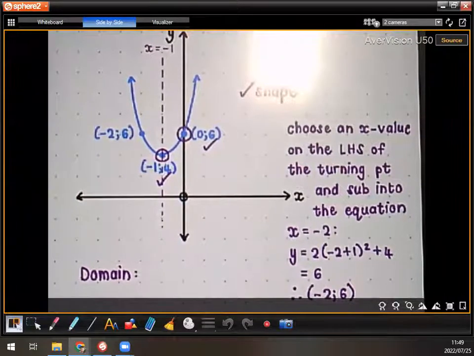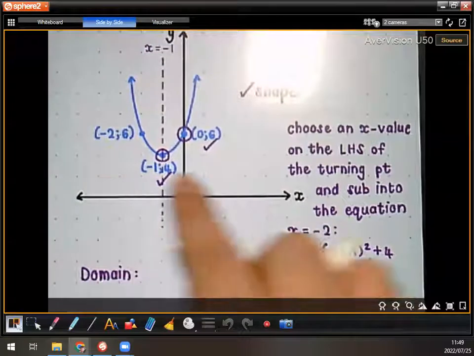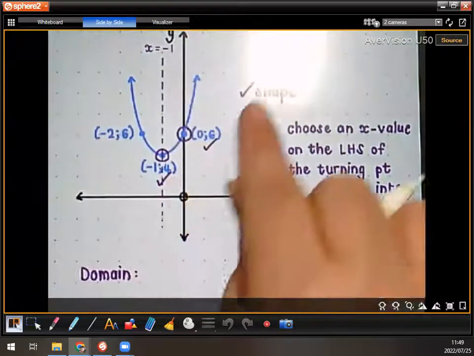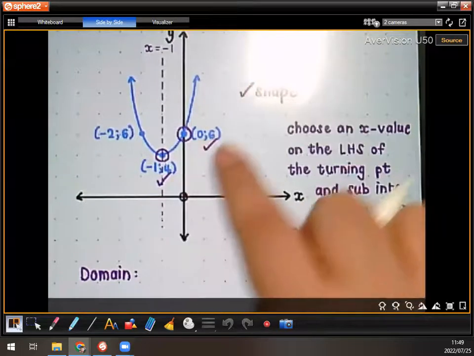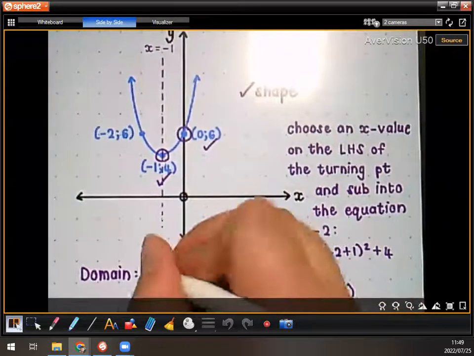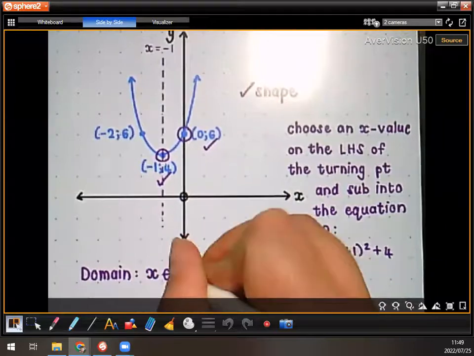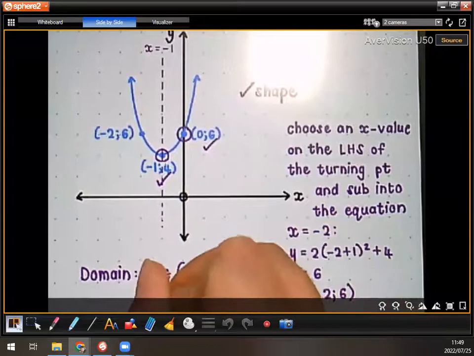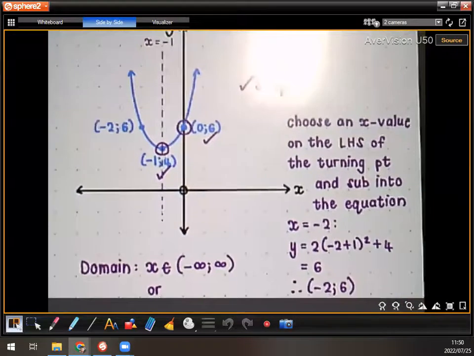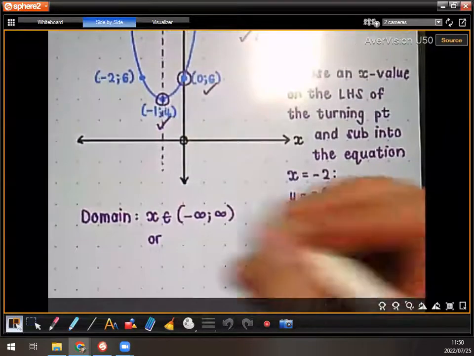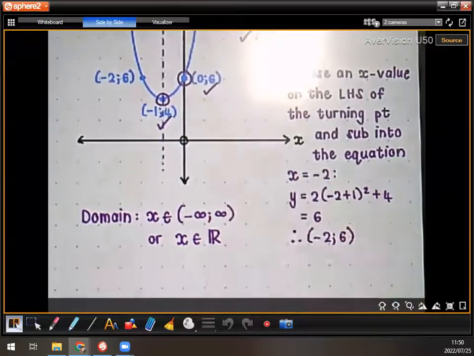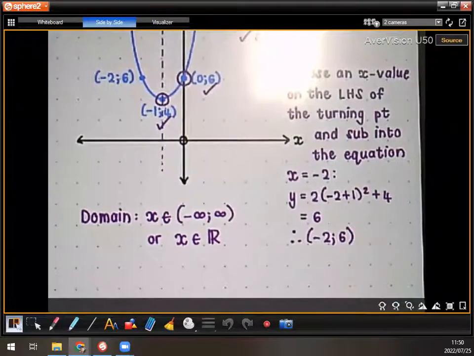Looking along the x-axis, it's going to keep going, so negative infinity to, also going to keep going, there's an arrow there, positive infinity. Remember there are two ways in which you could write that. You can say x is an element of negative infinity to positive infinity, or the quicker way of writing it would be x is an element of real numbers.